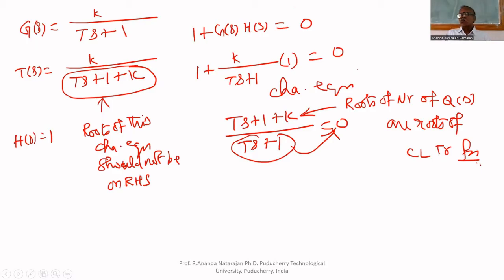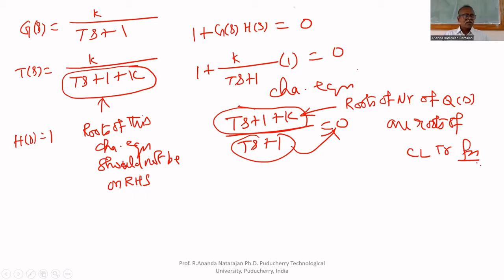Because we are not taking the closed loop transfer function, we are taking the characteristic polynomial, 1 plus G of S H of S. If you take that, the characteristic polynomial is actually, we will bring this to the right hand side and write this only. But I am deliberately keeping the denominator. So the numerator polynomial gives the roots of the closed loop transfer function.